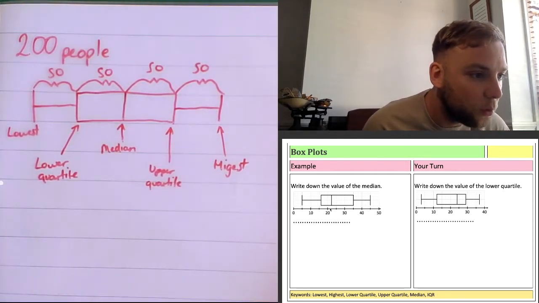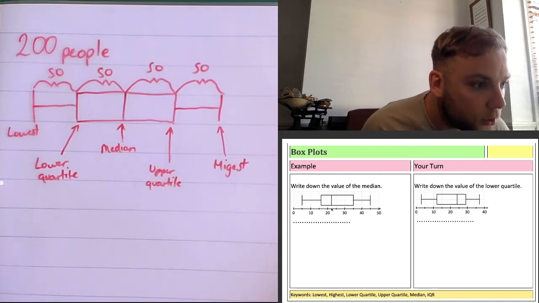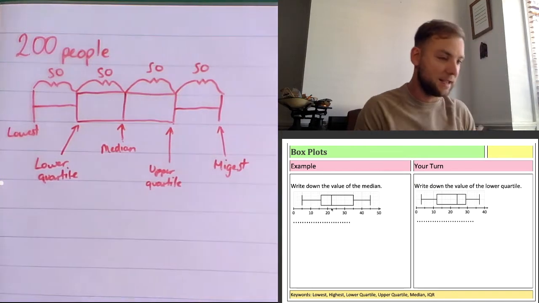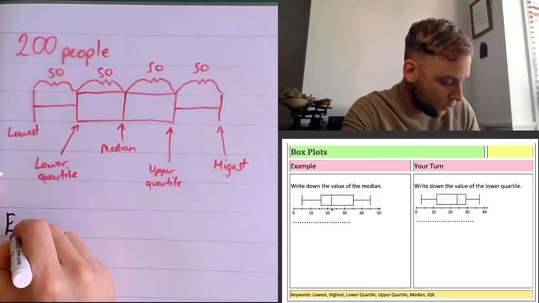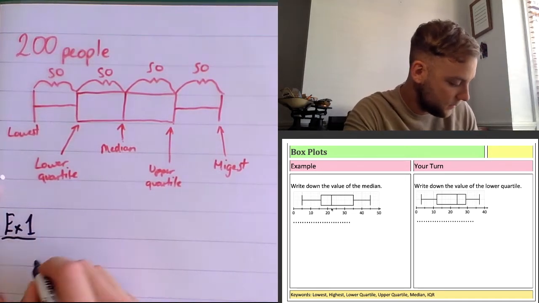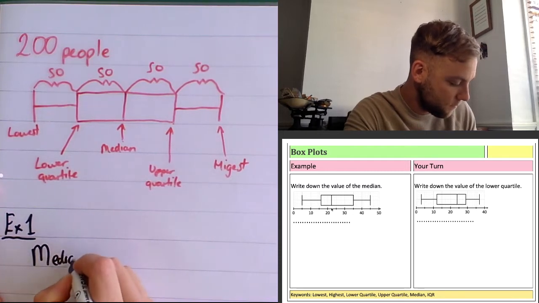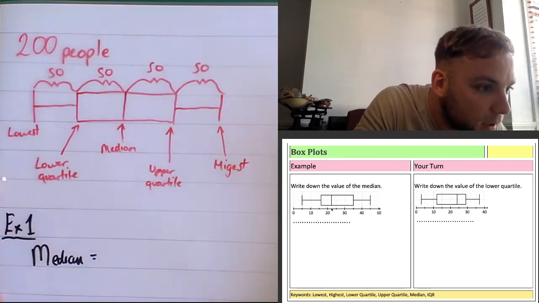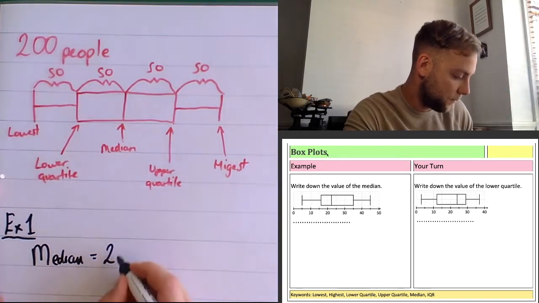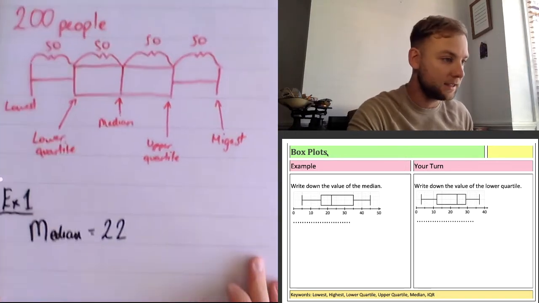So it's going to be 1, 2. So that is going to be the first example. With your box plot throughout, example 1, my median is equal to, just make sure that's right. Yeah, 22. Brilliant. Okay, so that's example 1.